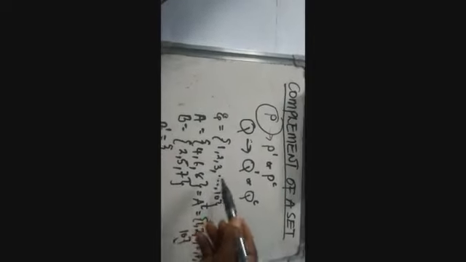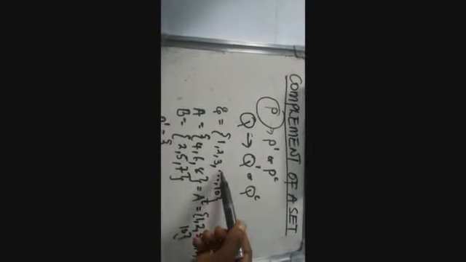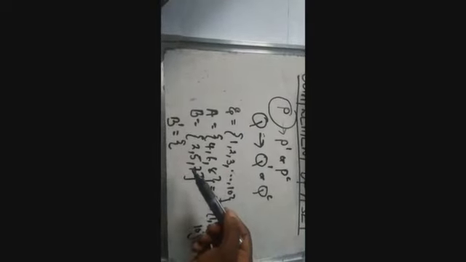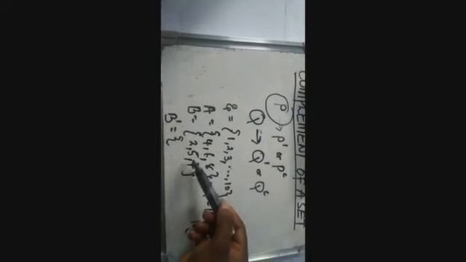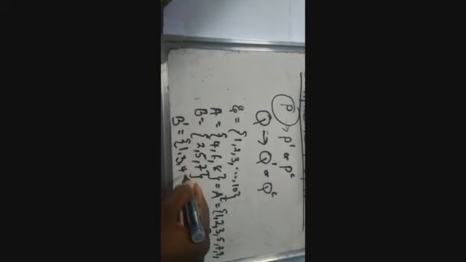Now, if we are asked to find B complement, it simply means what you can find in the universal set that you cannot find in B. So what can you find in the universal set that you cannot find in B? 1, 3, 4, 6, 8, 9, and 10.